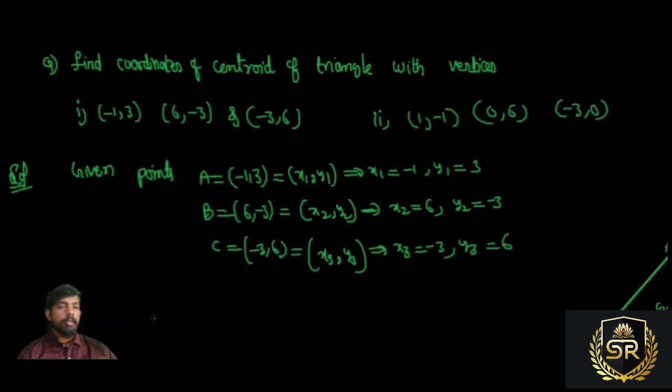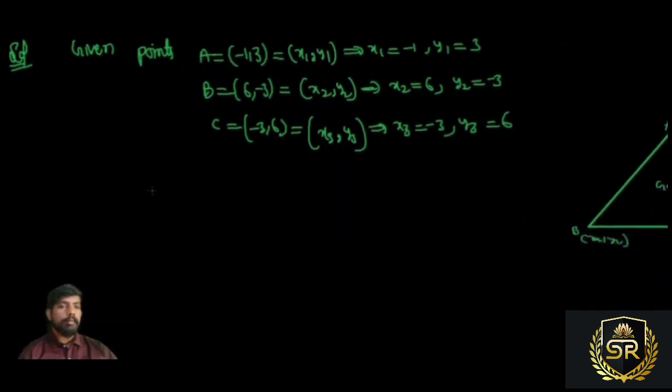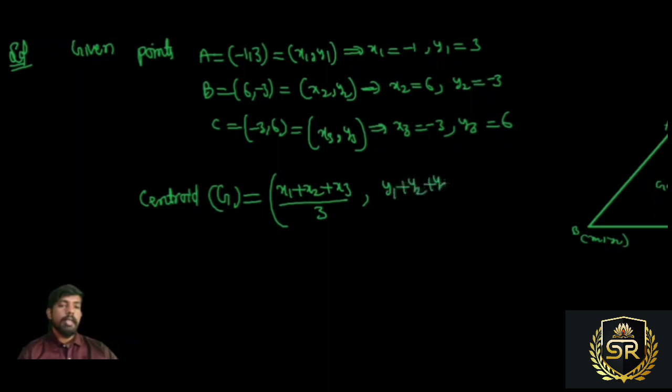So here, the centroid formula of a triangle: centroid G is equal to x1 plus x2 plus x3 by 3 comma y1 plus y2 plus y3 by 3.